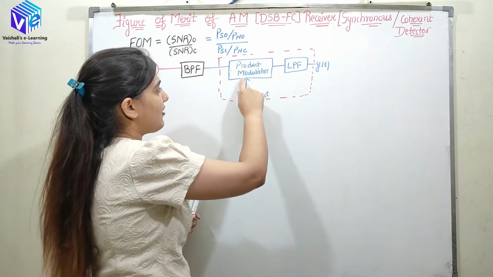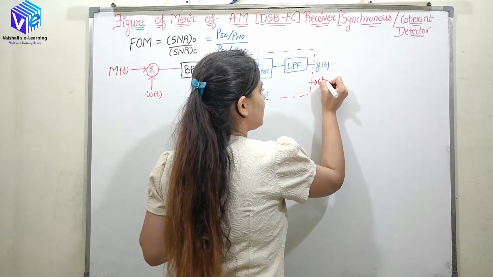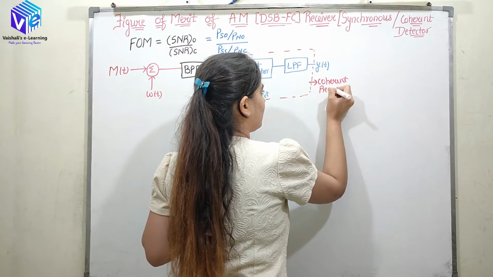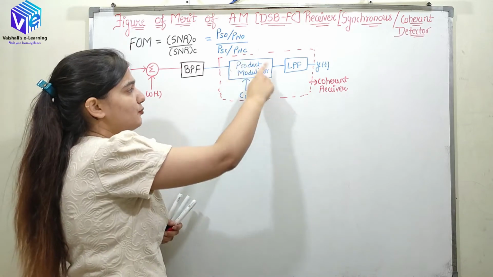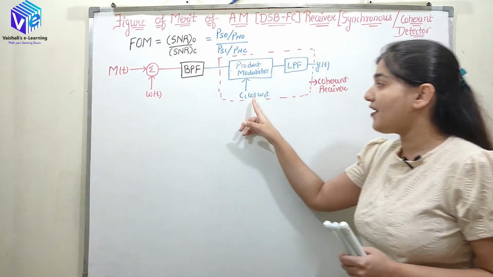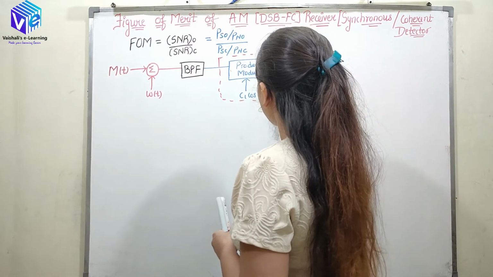Here we have the product modulator. This is the receiver, actually the coherent receiver. In the coherent receiver we have a product modulator. What happens in the product modulator? We have a locally generated carrier.